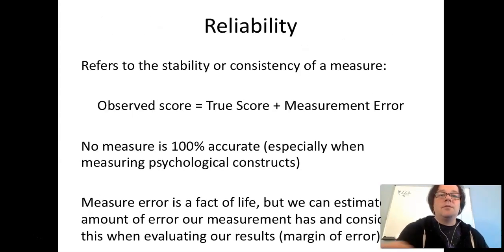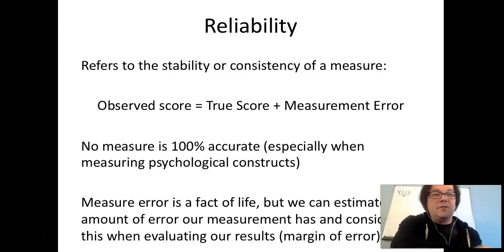Okay, so the next thing that we should talk about is, say we got our construct that we want to measure, we got our conceptual variable written out, got our operations, how we're going to measure these things. We decided on what level of measurement we're going to use. We're going to use some interval ratio variables, let's say.